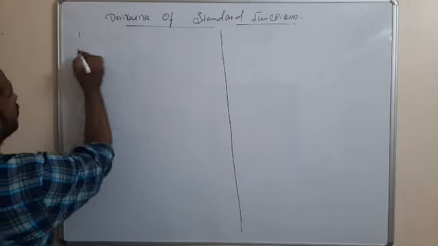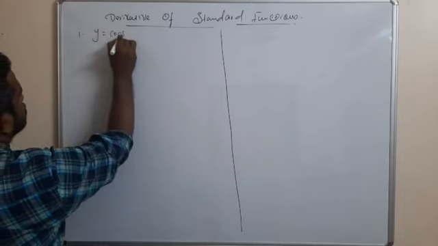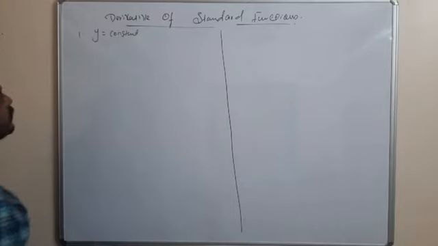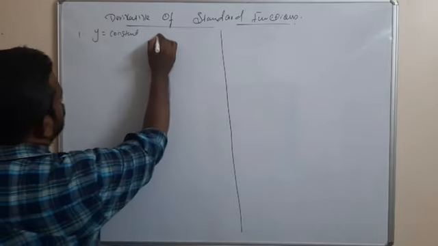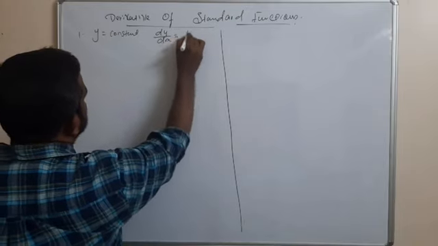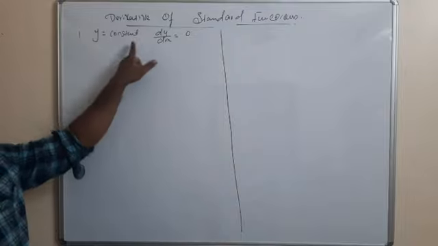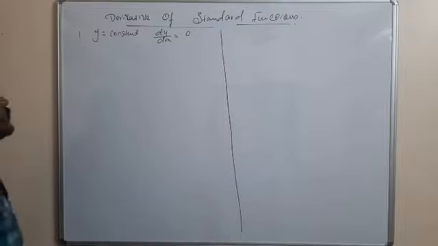First one, y is equal to constant. dy by dx equal to 0. So the first derivative of a constant is equal to 0.